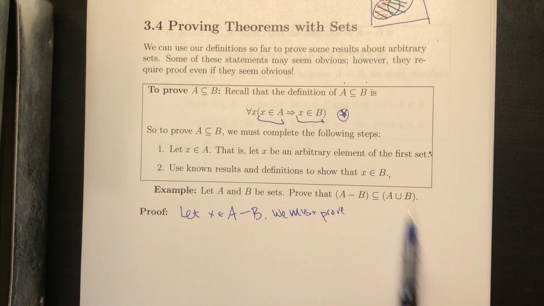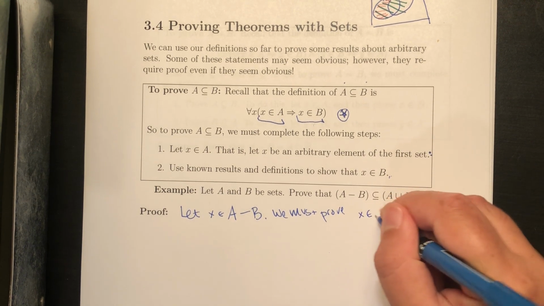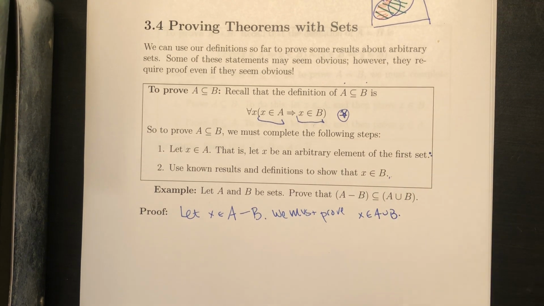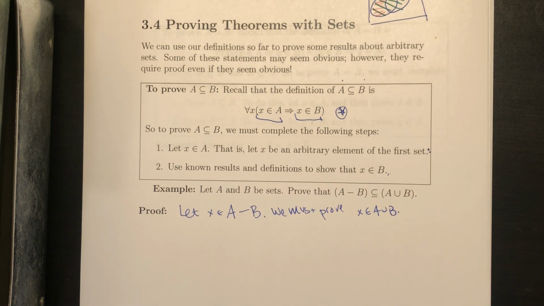The second set up here was just B. In our example, the second set would be A union B. This is just sort of a very rough outline of what our proof should look like. We need to do the justification in the middle in order to conclude that x is an element of A union B. But that justification is really just unpacking definitions.